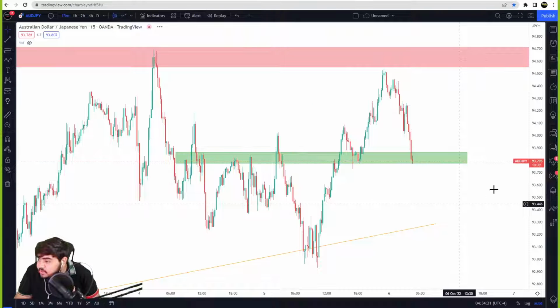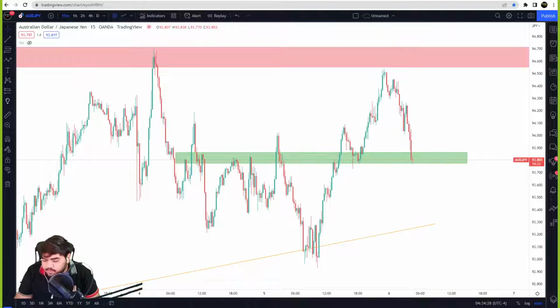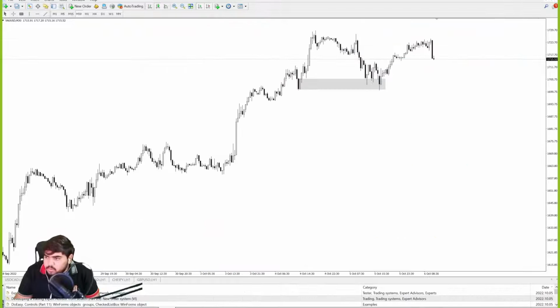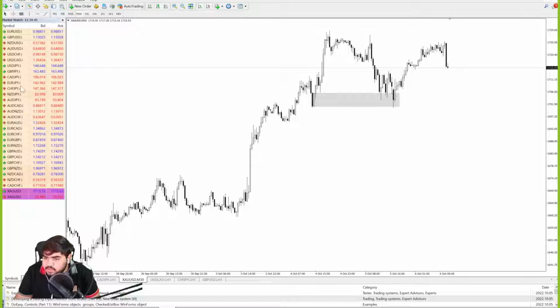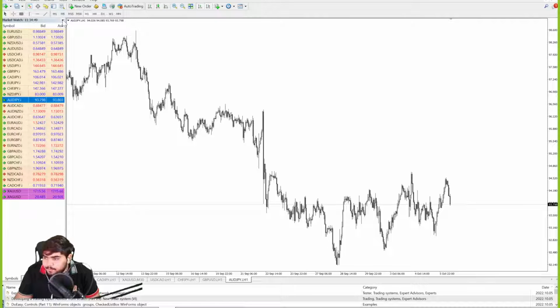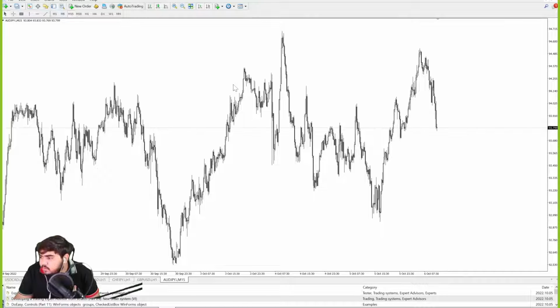Maybe shall we do a little bit of practice here for the buys. Let me just open up the MT4. Okay, AUDJPY, looking at the 15 minute.